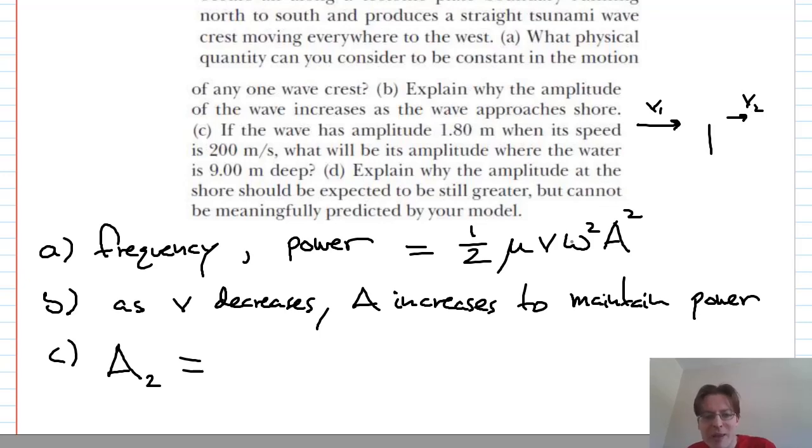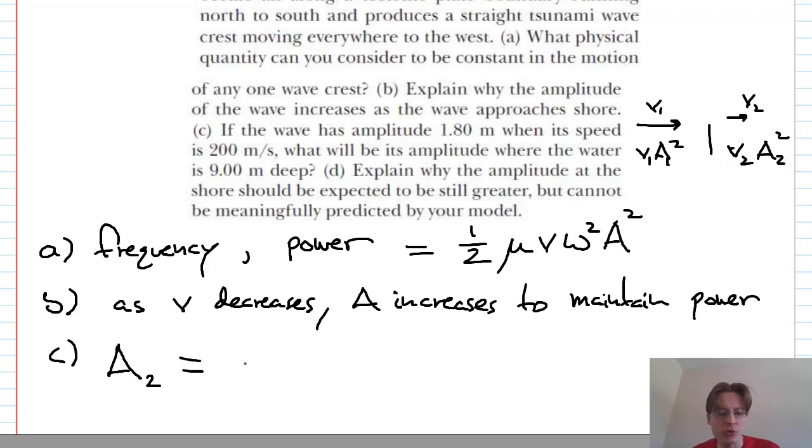Since the energy is maintained, that means that V1 times A1 squared is equal to V2 times A2 squared. That's conservation of energy.